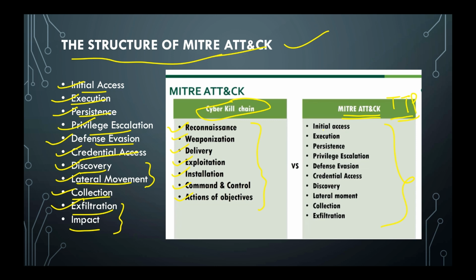You can see here we have 10 to 11 steps: initial access, execution, persistence, privilege escalation, defense evasion, credential access, discovery, lateral movement, collection, and exfiltration. It goes deeper, with a lot of techniques, tactics, procedures, and also sub-techniques. Currently everybody is using MITRE ATT&CK.